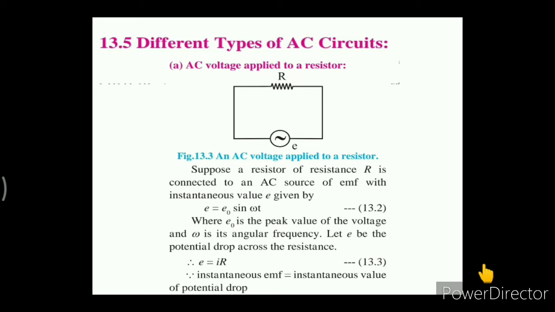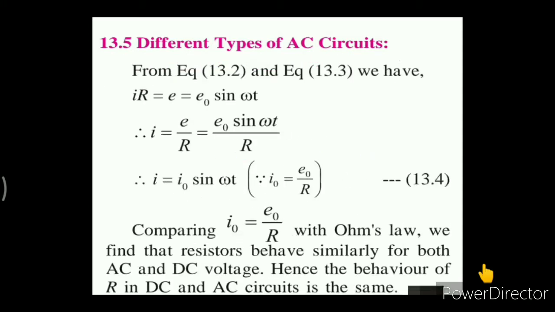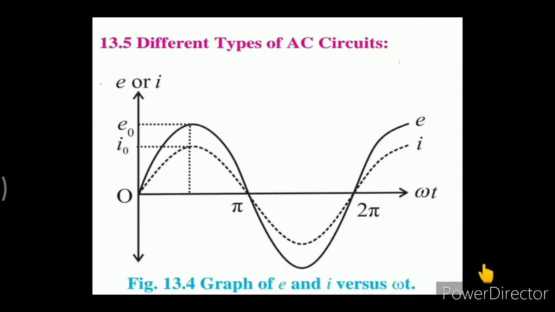We have studied that when the AC voltage is applied to a resistor, the instantaneous current we get is I0 sin omega t, and hence we know that for a resistor, there is zero phase difference between instantaneous alternating current and alternating EMF.